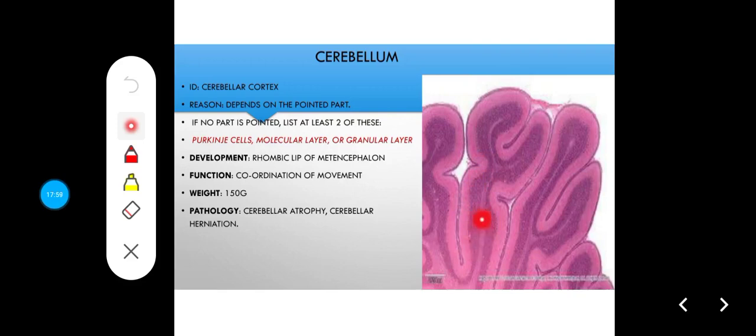Then this thin pale staining area within the granular layer represents the white matter of the cerebellum. So from the granular layer outwards, that represents the gray matter of the cerebellum.